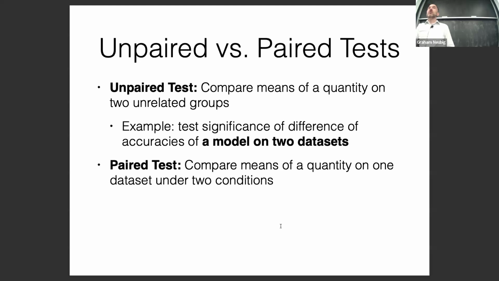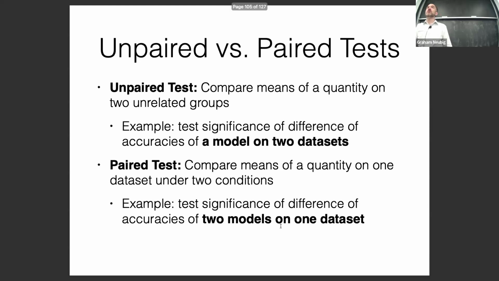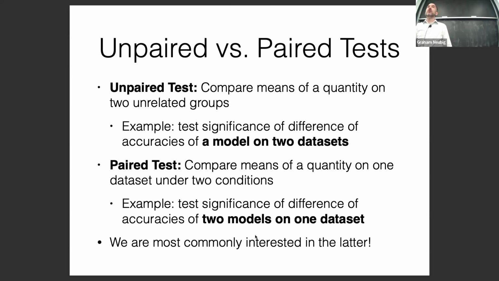In contrast, a paired test compares the means of a quantity on one data set under two conditions. An example of this could be testing the significance of a difference of accuracies of two models on one data set. So this is a really important difference. Number one, we're most commonly interested in the latter.